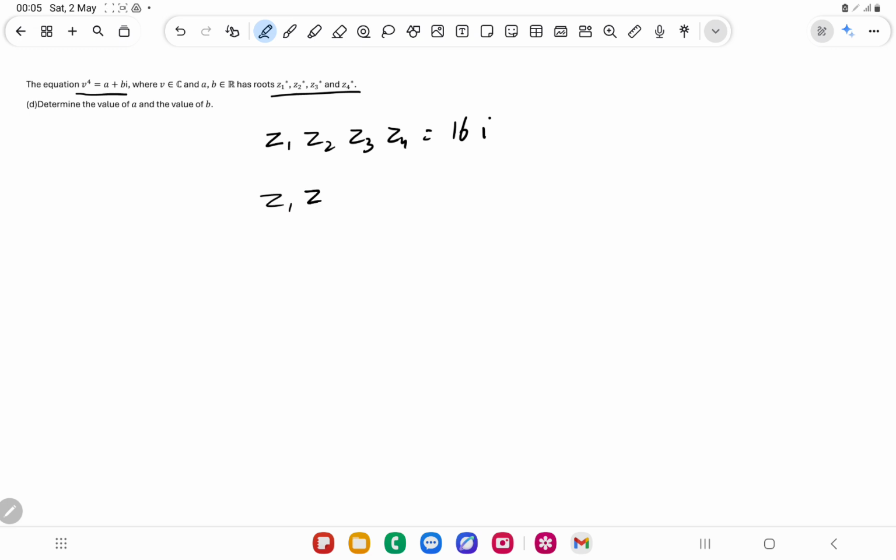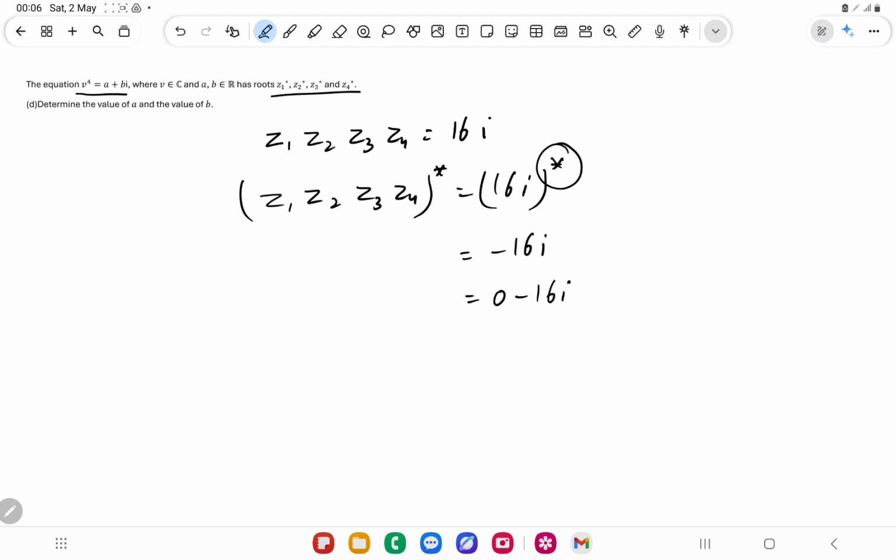So what I can do is find the complex conjugate on both sides. This will turn out to be minus 16i because we are taking the complex conjugate. And this I can write as 0 minus 16i. It is in the form a plus bi. So from here I can say that a is 0 and b is minus 16. So by solving this, you can get 3 marks in your question.